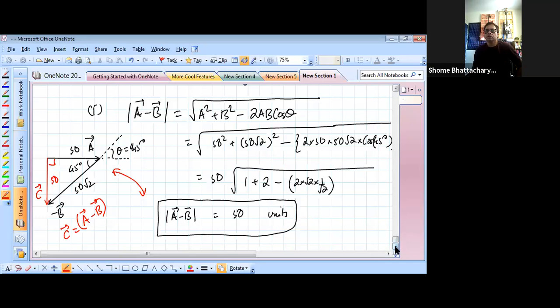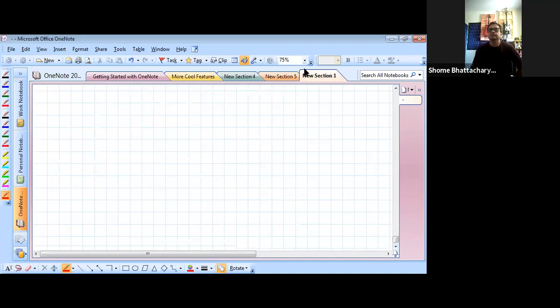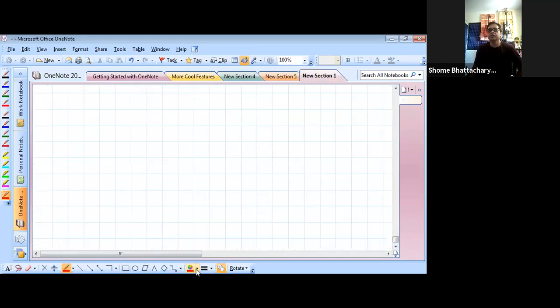Okay, then we have the second part where we are taking the angle between them as 135 degrees. But obviously mod A and mod B are still the same.